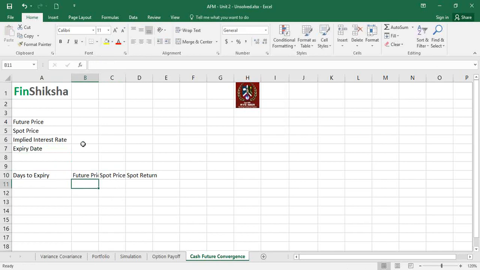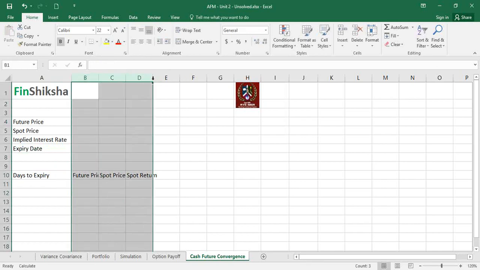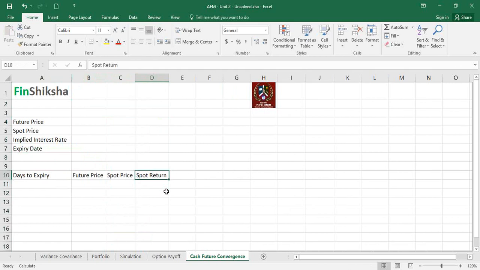future price here. Now to calculate the spot return, we will need two more things: the mean return and the standard deviation of the underlying market daily data. Daily data is what we'll need.